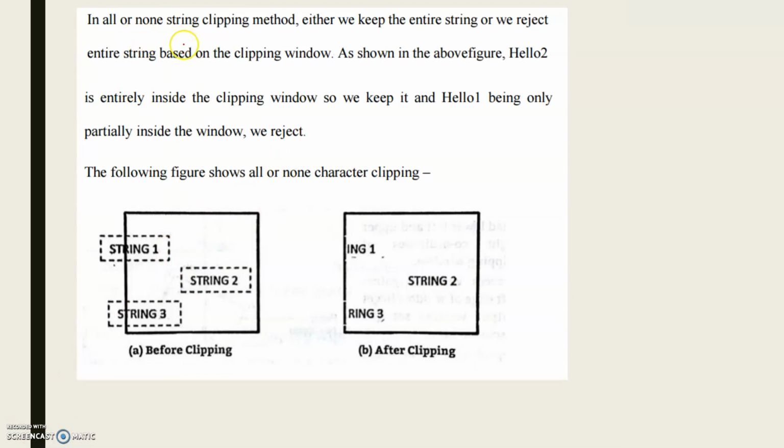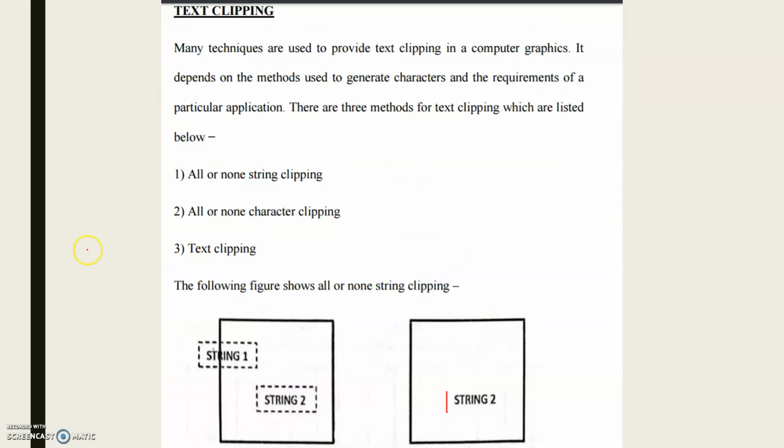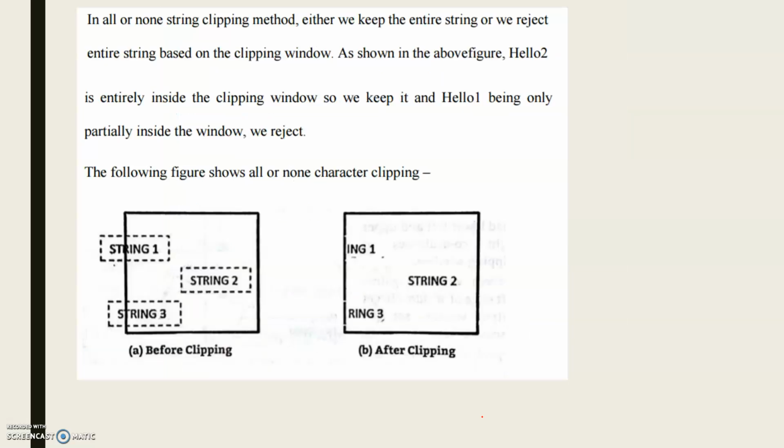In the all or none string clipping method, we either keep the entire string or we reject the entire string based on the clipping window. As shown in this figure, string 1 is only partially inside the clipping window, so it will be discarded, and string 2 is fully inside the clipping window, so on output it will be displayed.